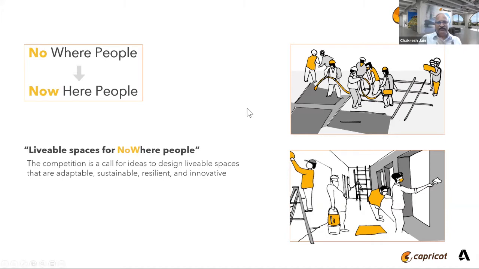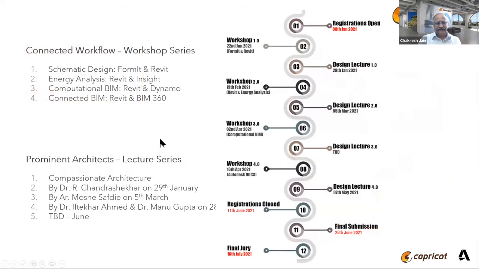Therefore we thought we'd have a competition on how we can create respectable and livable spaces which are resilient and, of course, effective for them. While we announced this competition, we also realized that we need to highlight a lot of issues around this, like what we have today from Dr. Iftekhar and Dr. Manu, and that's why we ran a series of design lectures.